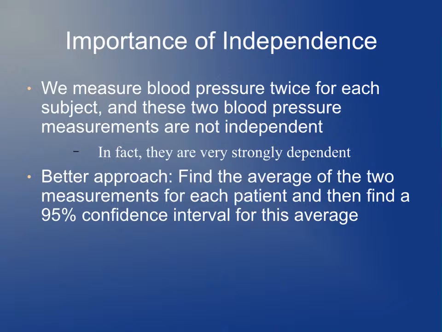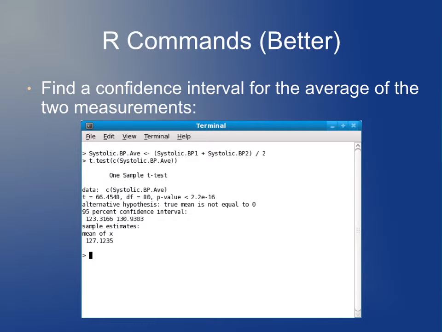In this case, the simplest way to get around this issue is to average the two measures for each patient and then find a 95% confidence interval for this average. So the code to do this in R is: take the first measurement plus the second measurement divided by 2 and then do t.test on that average.